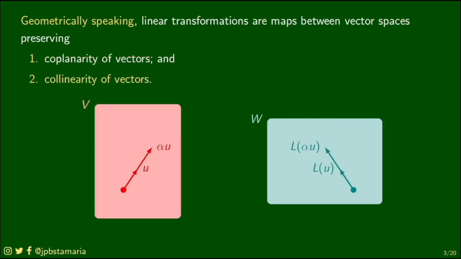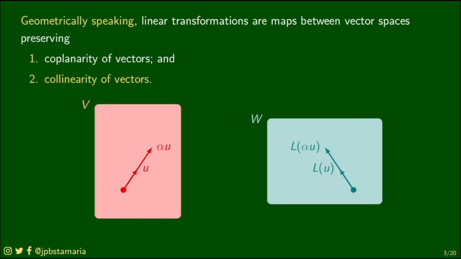For collinearity, you can look at a vector u in the domain V, like so, and think of a scalar multiple alpha u. By multiplying a scalar alpha to u, you can think of it as a stretching or applying a dilation on the vector u, like in the figure.